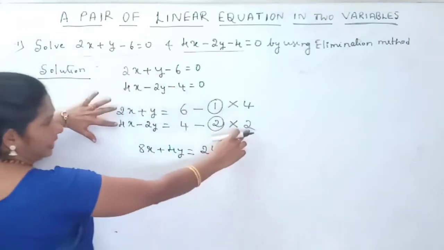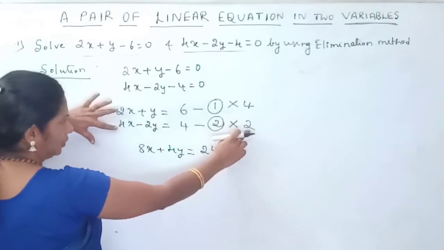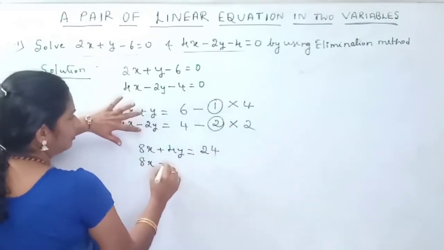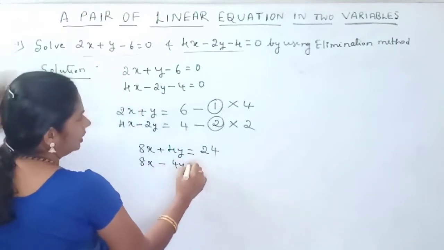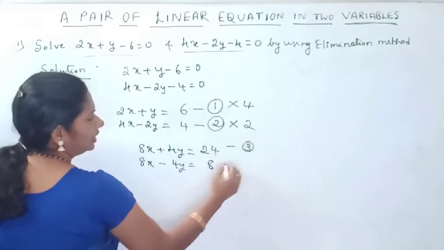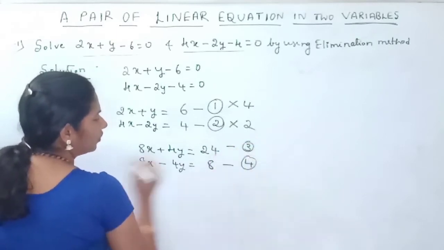Same way multiply for second equation also by 2. 2 into 4, 8x. 2 2s are minus 4y equal to 2 4s are 8. Now I'll call this equation 3 and this equation 4.